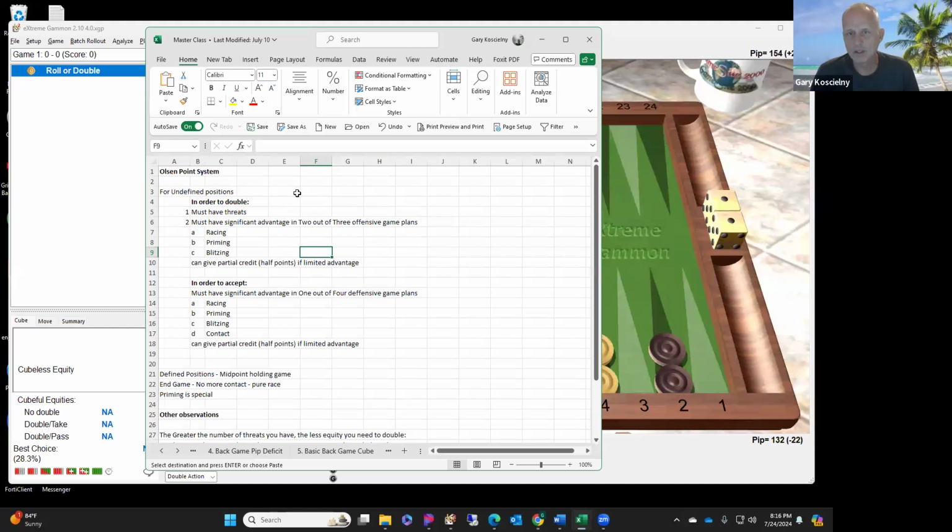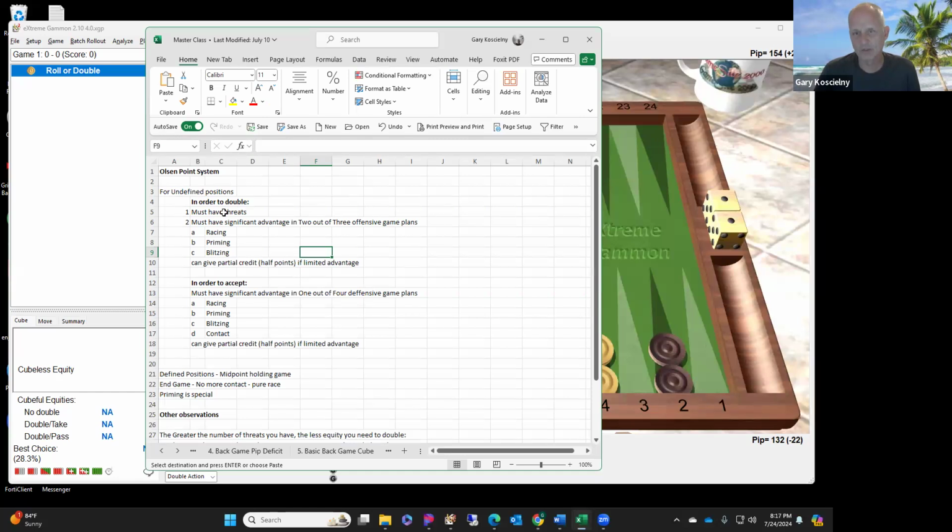Yeah. So he says you have to have threats or market losers, as Ray said, and you have to have a significant advantage in 2 out of 3 offensive game plans. The 3 offensive game plans he's talking about are racing, priming, and blitzing. So again, this is sort of the Presser system, where we rank position, race, and threats.